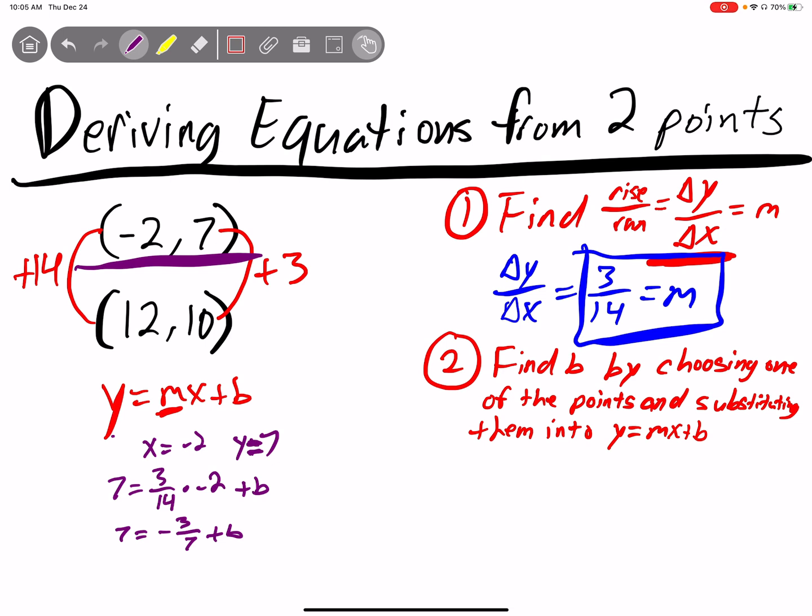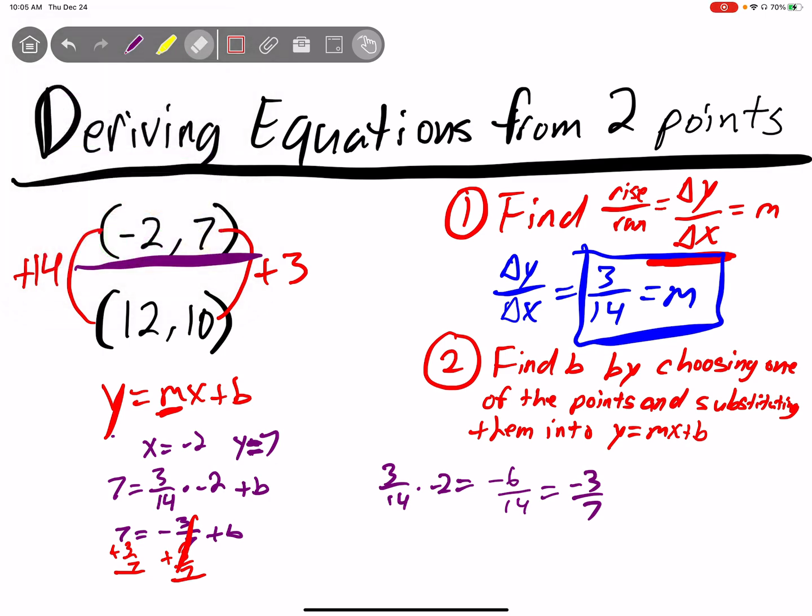And how did I get -3 over 7? Well, if I did 3/14 times -2, that's -6 over 14, which reduces by 2 to -3 over 7. Okay. Now what do I have to do? I add 3/7 to both sides. These cancel out.